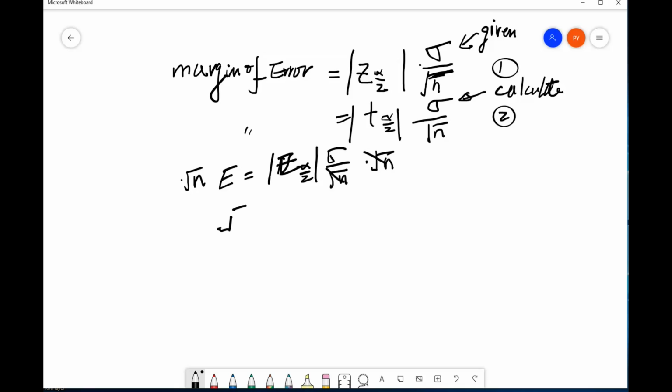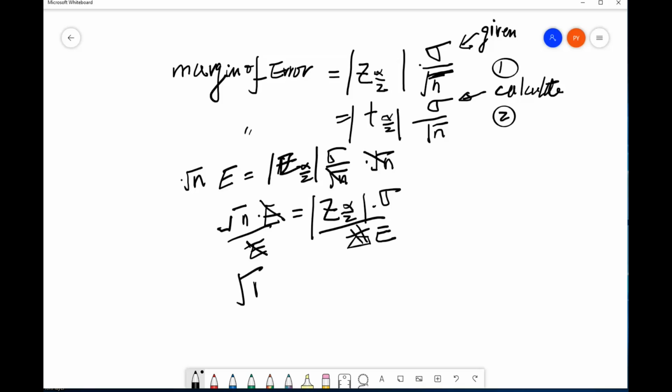We have the square root of n times E equals z of alpha divided by 2 times sigma. Then both sides divide by E, and E cancels. Eventually we have the square root of n equals the absolute value of z alpha over 2 times sigma divided by E.